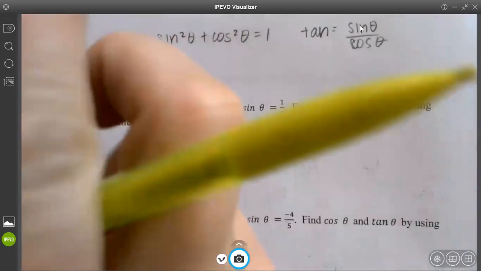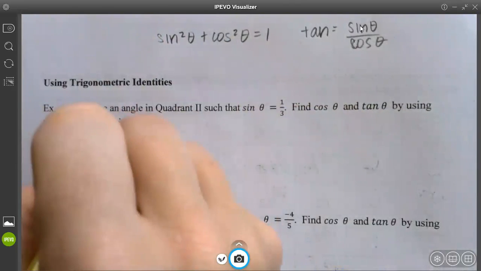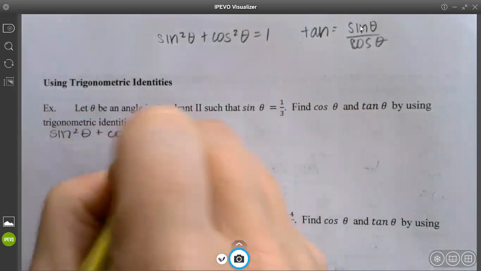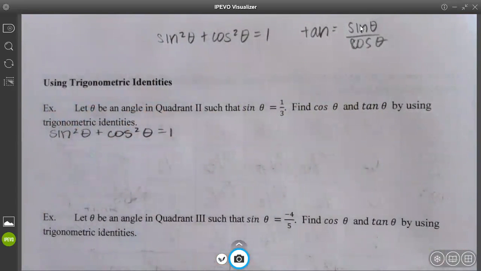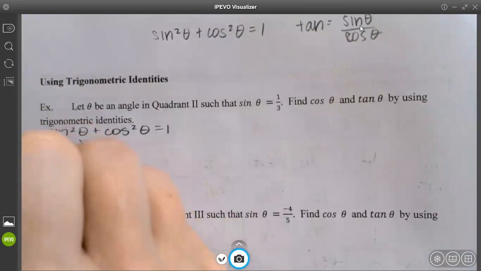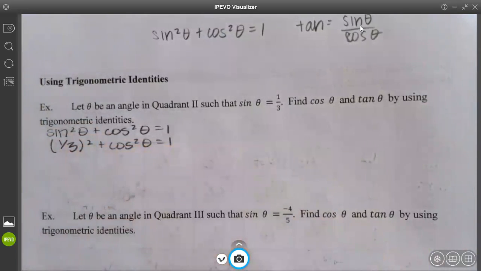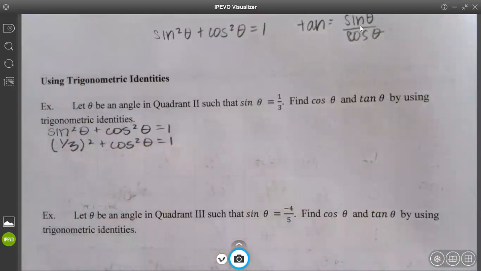So we have sine squared theta plus cosine squared theta equals 1. What was sine? So we're gonna square that. How do I solve for cosine?